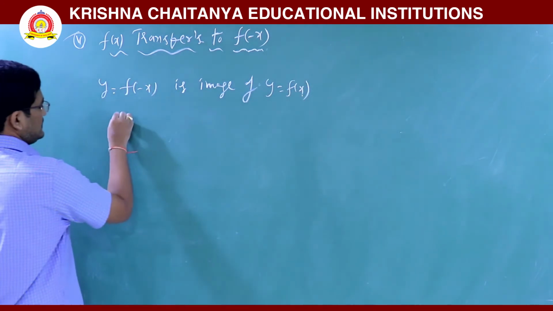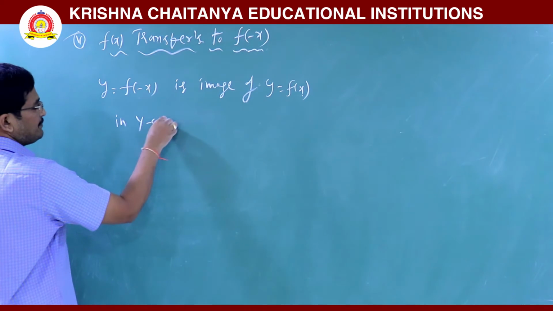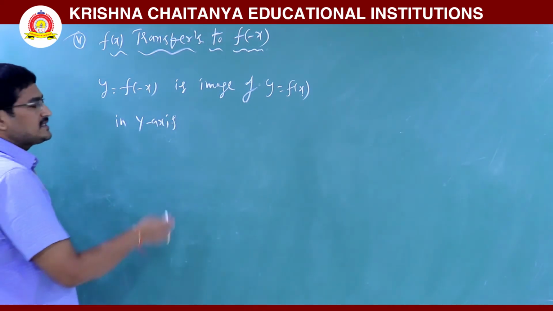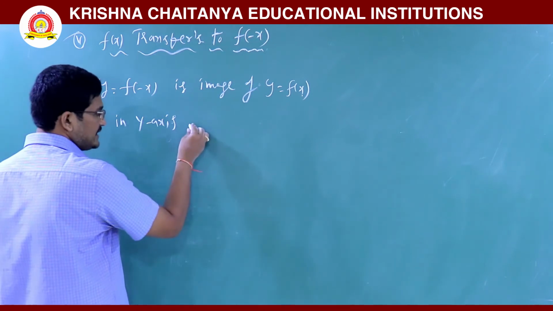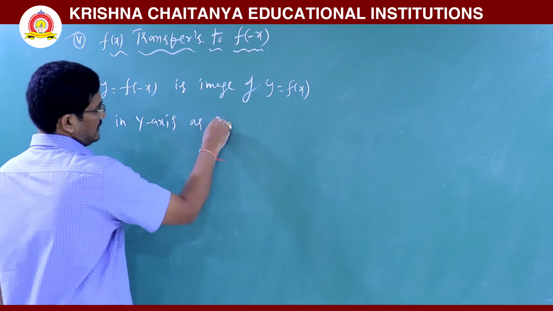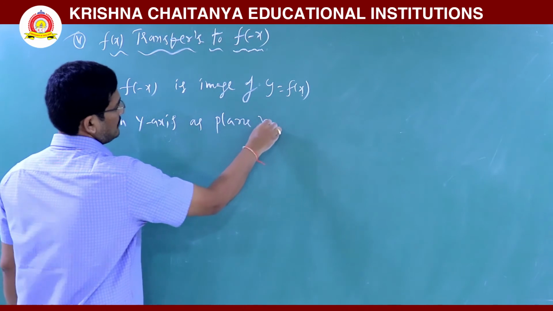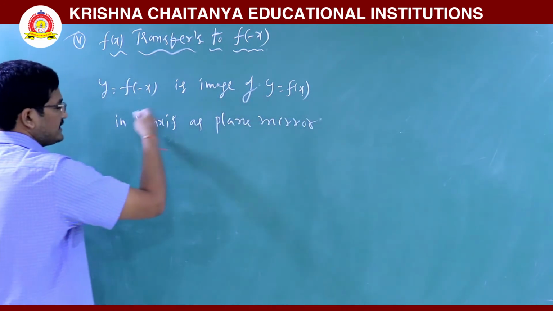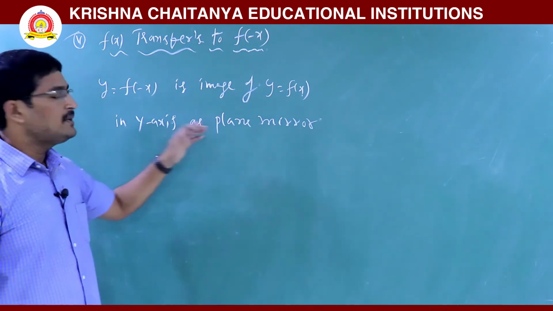It's very important. That means it has a plane mirror method. Y equal to f of minus x is the image of y equal to f of x in the y-axis as a plane mirror. The y-axis is the plane mirror here.